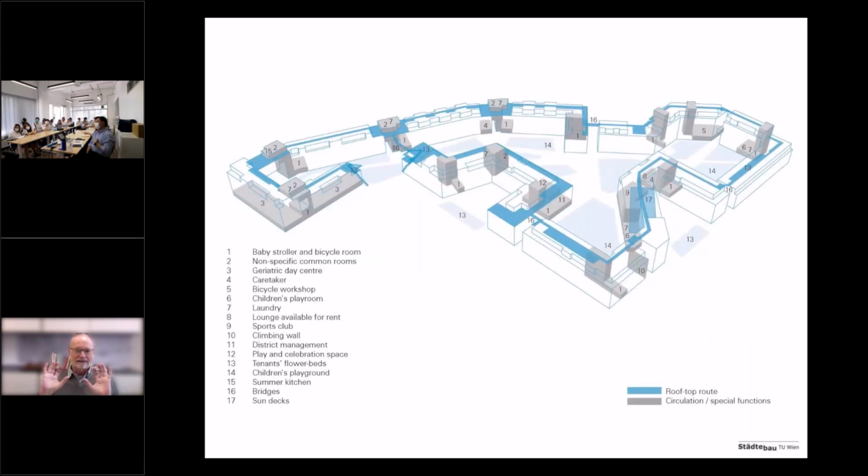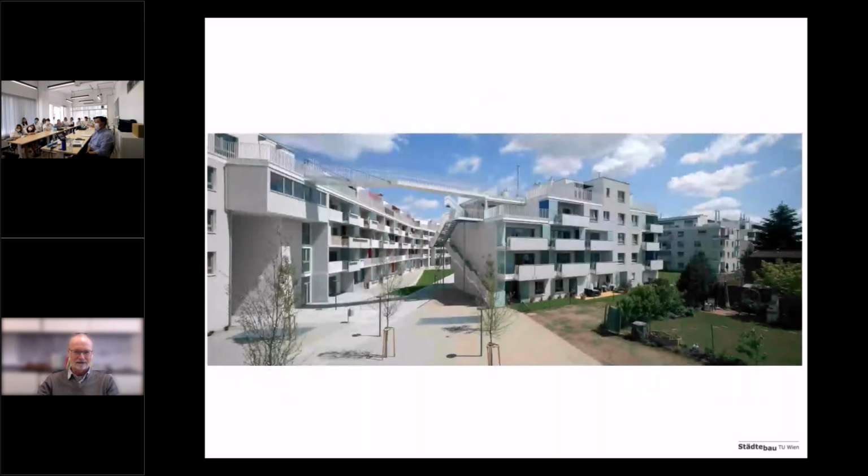And you have this second layer of public space on the rooftops where you connect the different rooftop gardens with all their specific functions, from playgrounds to open air cinemas, sports fields. You can do a jogging tour all around it. So it's really an interesting aspect of this project.